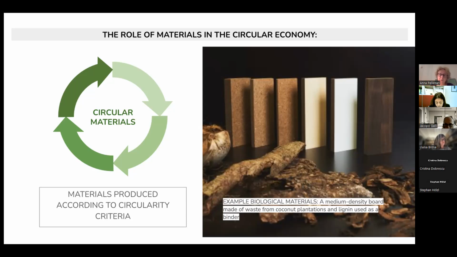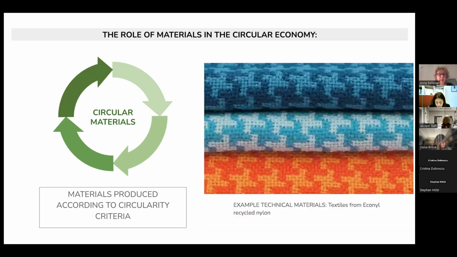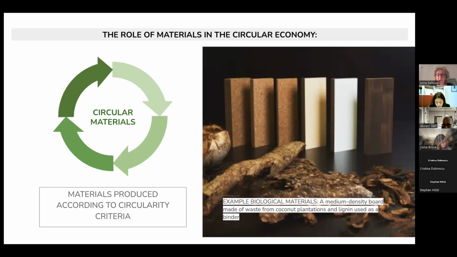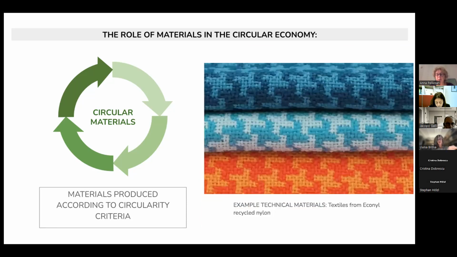There is also a reduction of VOCs, but what matters most is the recovery of waste to make a durable material. And this is a biological material, so bio-based.